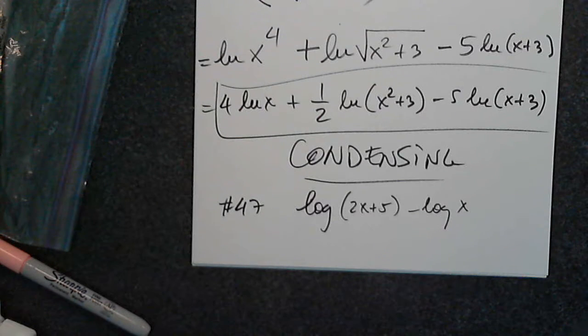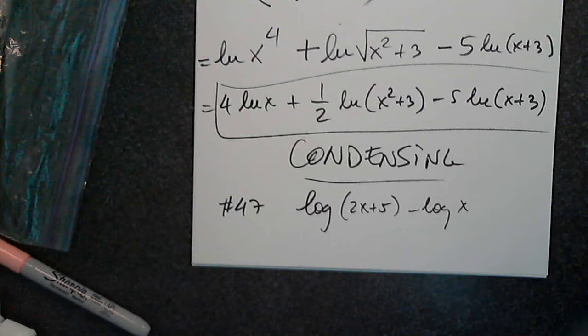So what do we do? I see that there is a difference of logs. If it's a difference of logs, be careful. This will not change into log over log. It will change into log applied to a ratio. Very careful.